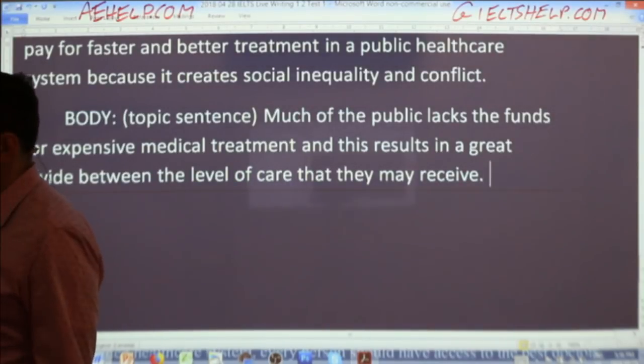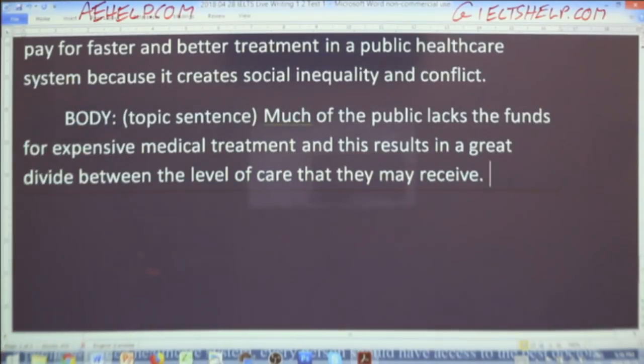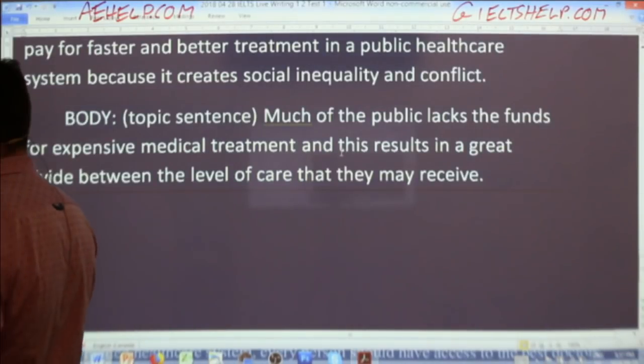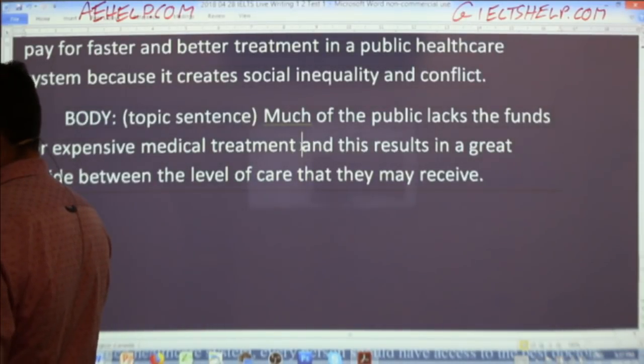Okay, good, sure. If you let people pay for faster and better treatment.